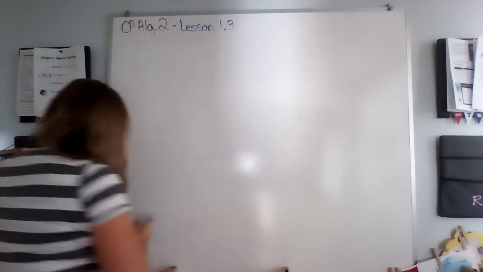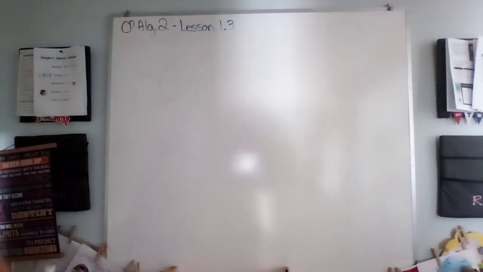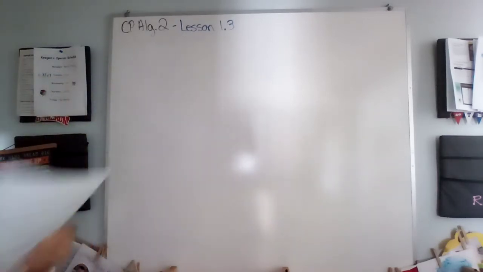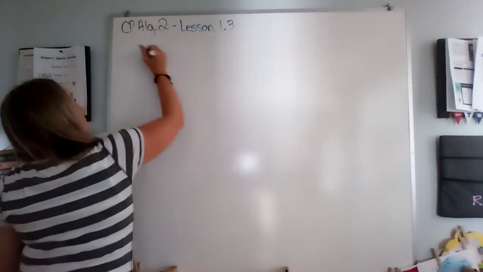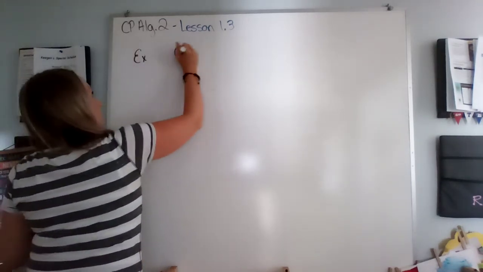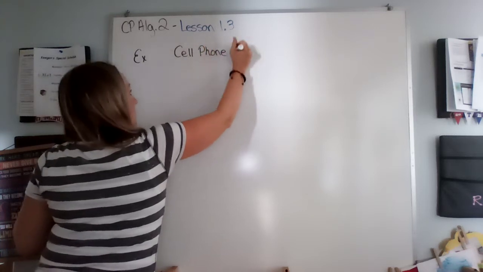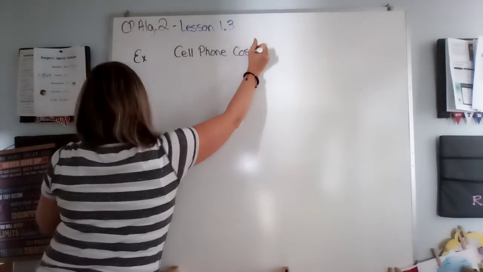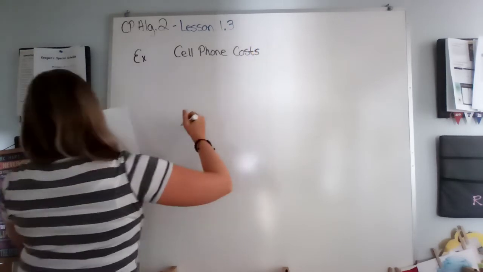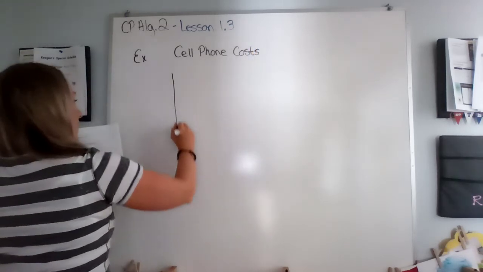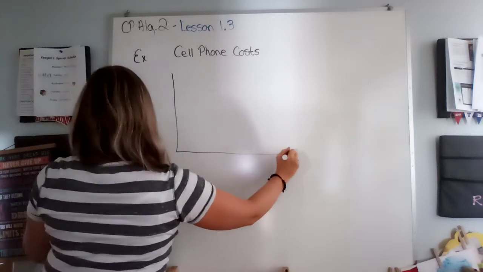All right, the first problem we're going to look at, it's actually a graph. And it's a graph showing cell phone costs. This is your first example. Cell phone costs, with an S. Okay. And we have our y-axis and our x-axis.